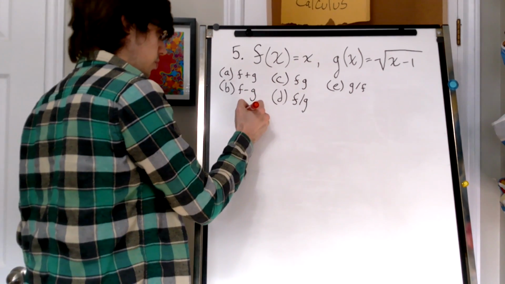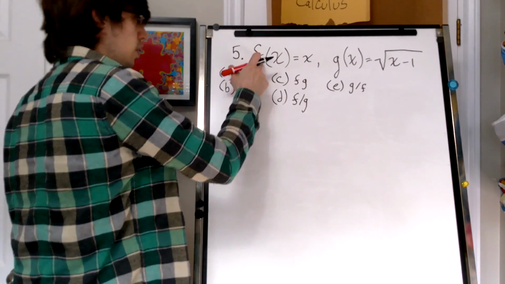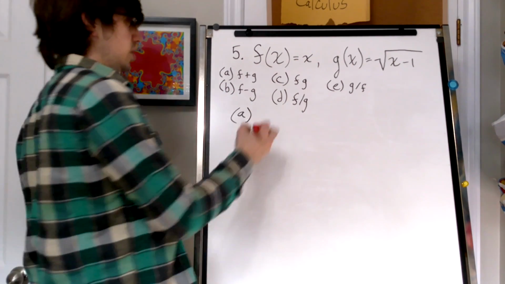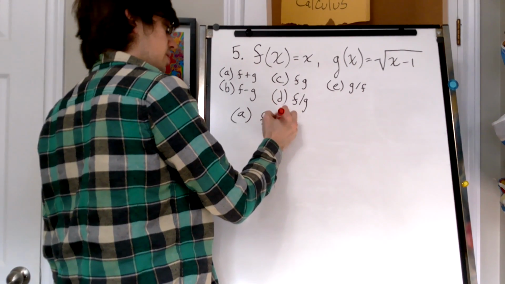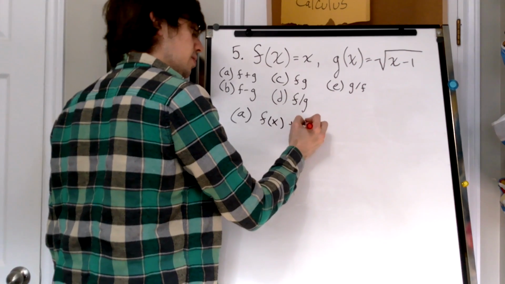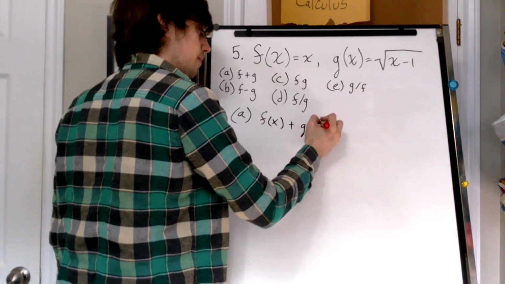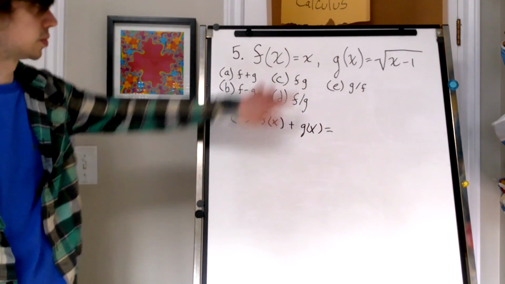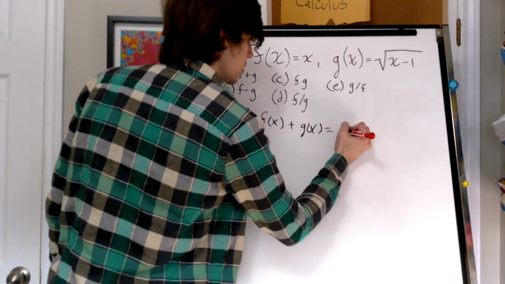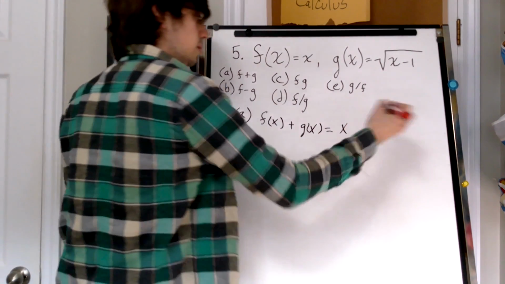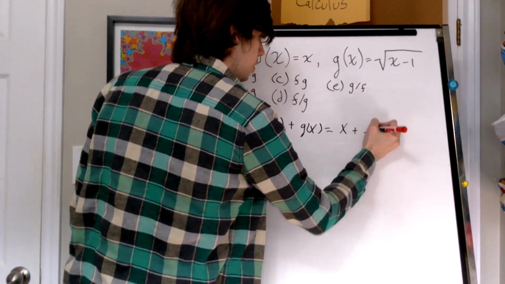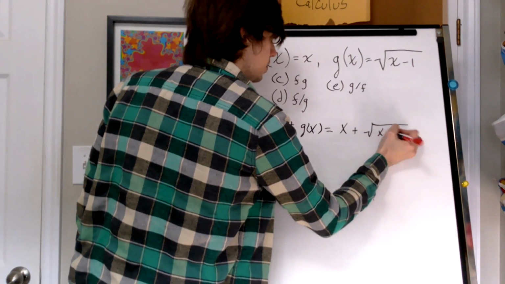So let's start with A, f plus g, f of x plus g of x. So that's x plus the square root of x minus 1.